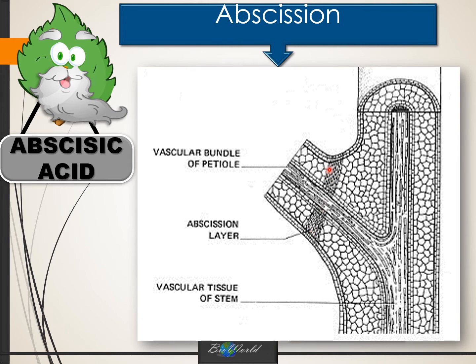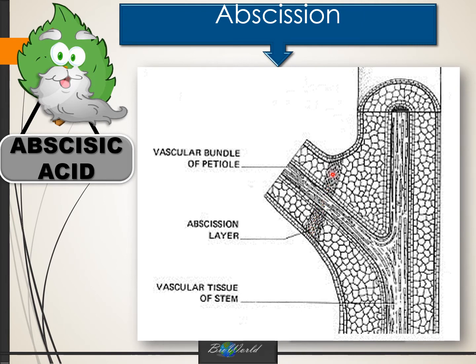Now, when auxin, cytokinin, or gibberellin are present, they promote the cell division of these abscission layer cells to always be present. But when abscisic acid concentrations increase, these cells stop dividing and slowly they begin to shrink.